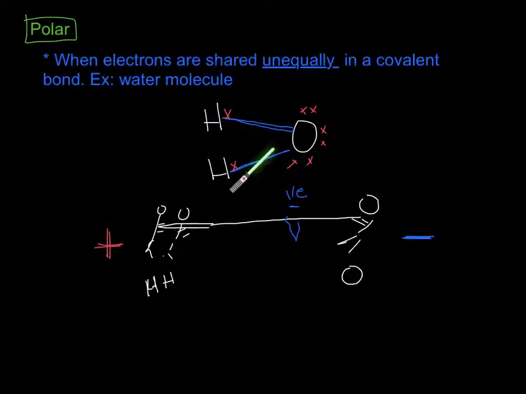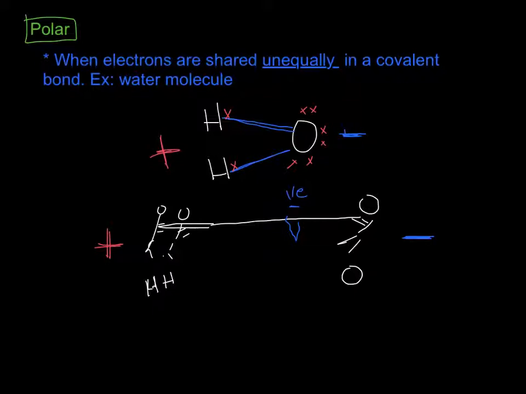What's really happening is that the oxygen is pulling stronger on the hydrogen. The oxygen has an overall negative charge on this end, and the hydrogen has an overall positive charge on this end.